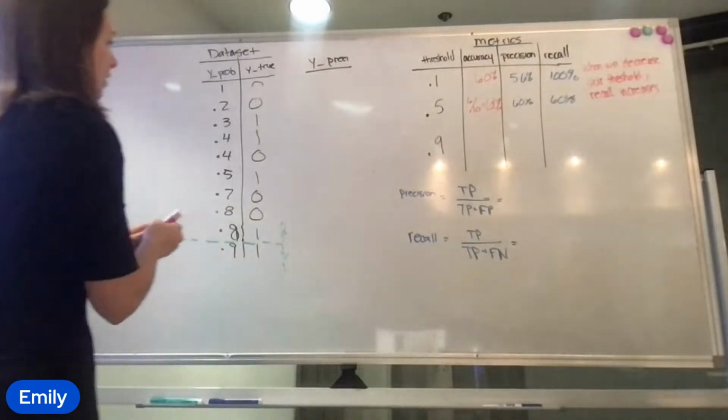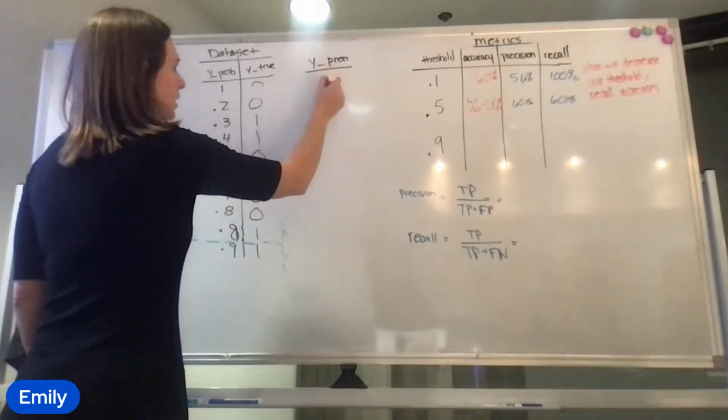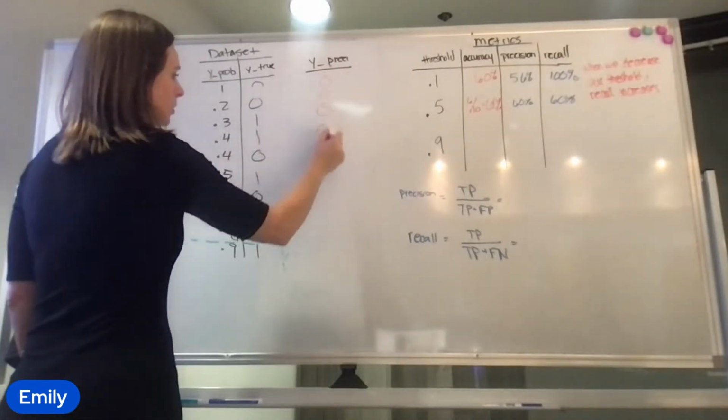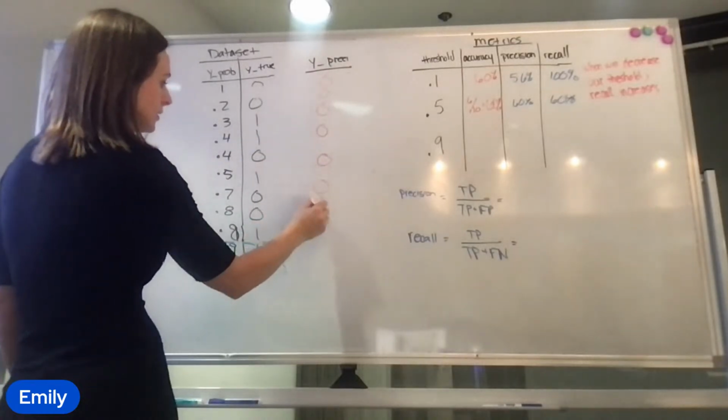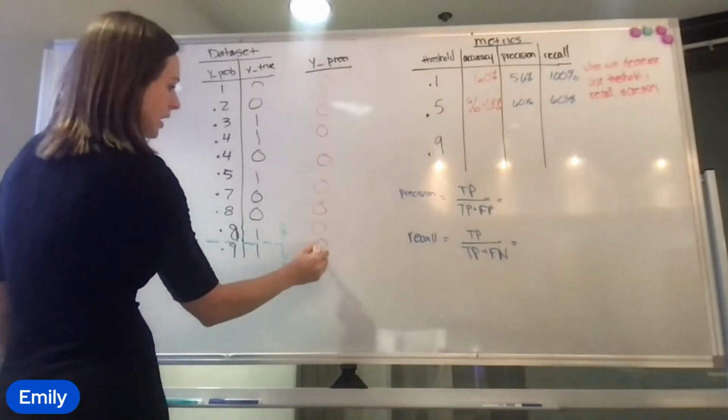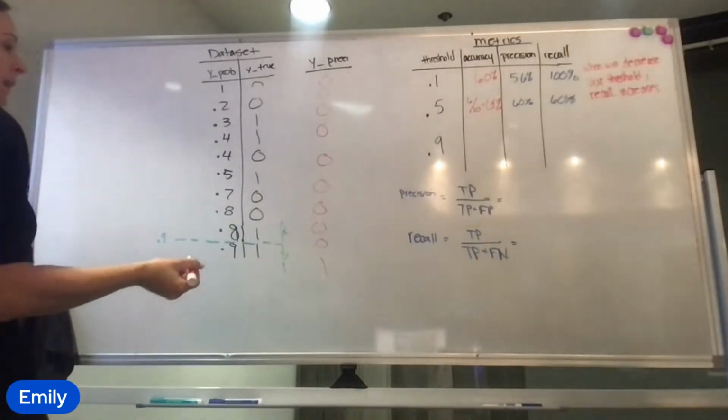So let's look at our output here. So we have 1, 2, 3, 4, 5, 6, 7, 8, 9, and 1 time we predicted 1.